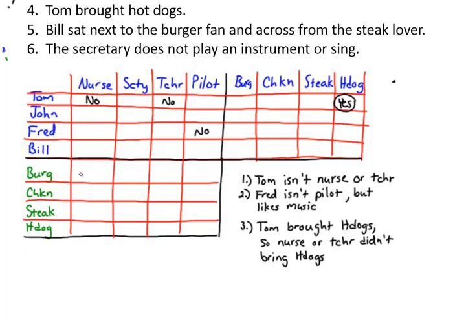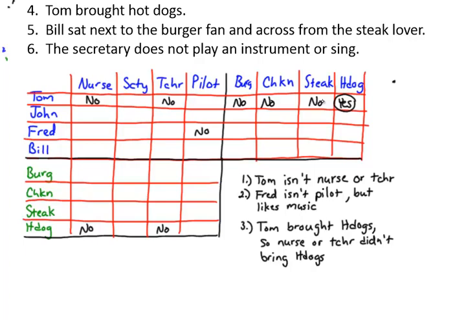Okay, so the nurse didn't bring hot dogs and the teacher didn't bring hot dogs. And that's because Tom isn't the nurse and he's not the teacher, but he brought hot dogs. So Tom did not bring any of the rest.